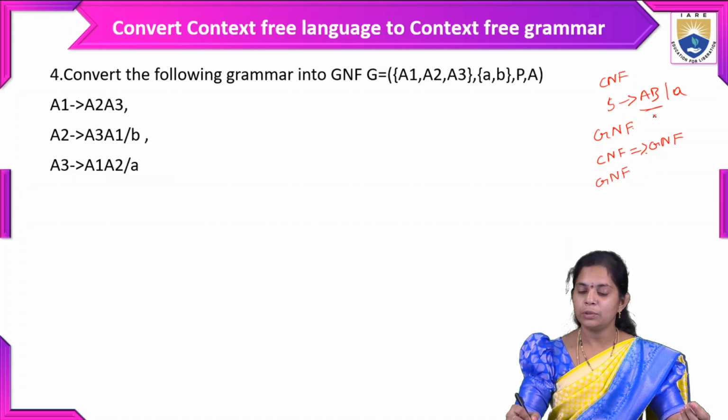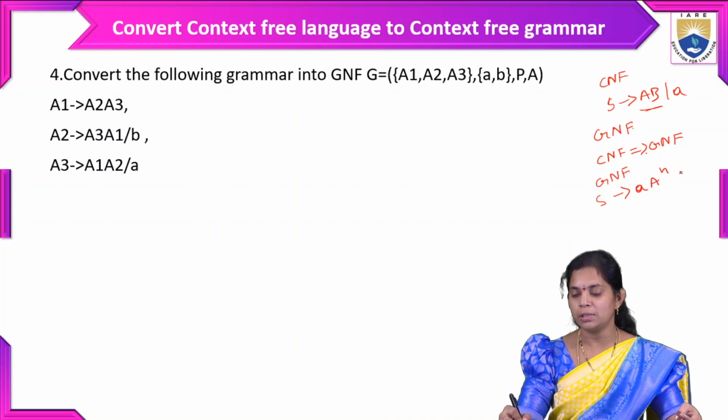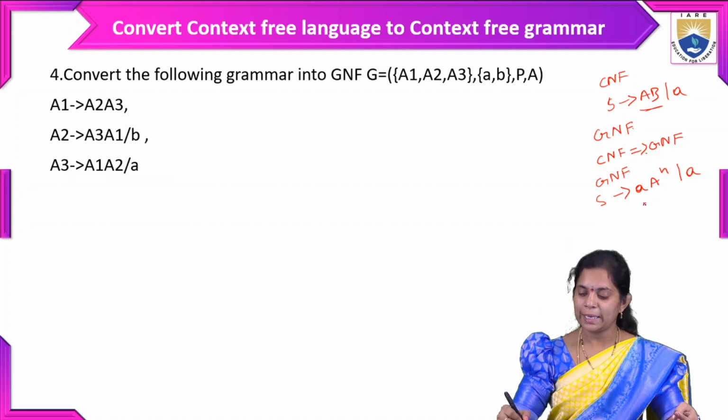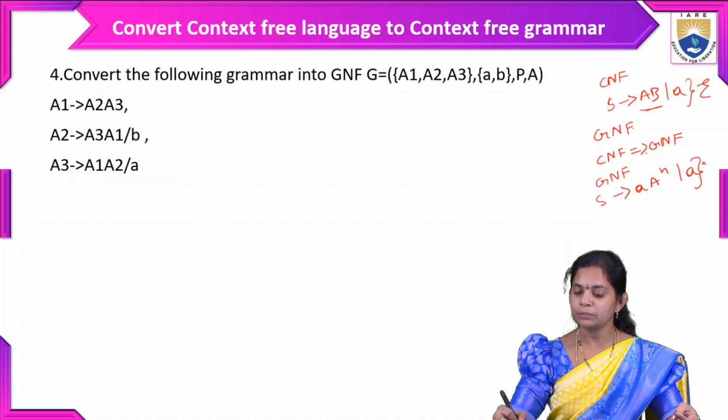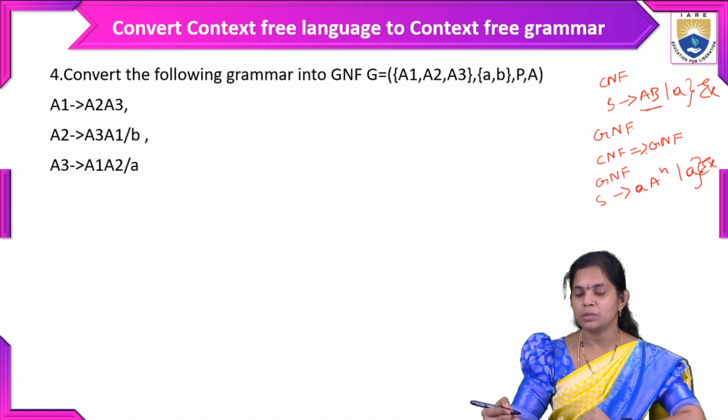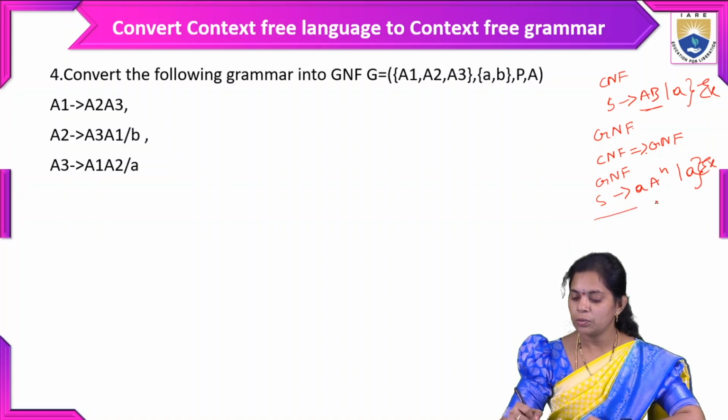Like this, a production has a combination of n number of non-terminals and also a single terminal. These are just examples of rules. So these are the rules we need to follow to represent the production.